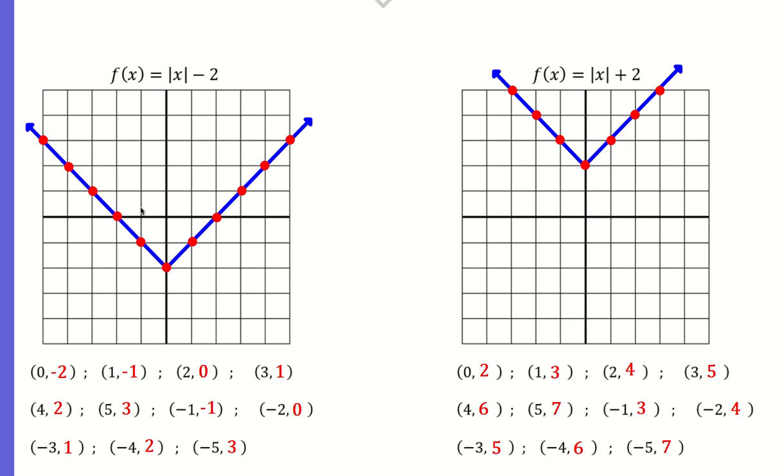But the vertex, and therefore the entire graph, moved down 2 spaces because of the -2 right there. And then look at this next one. Instead, we had a +2.